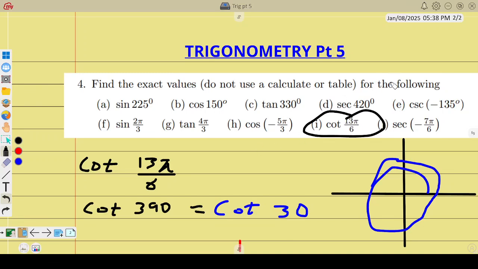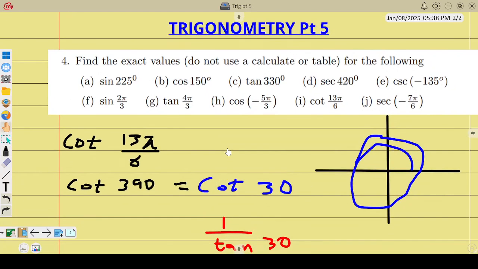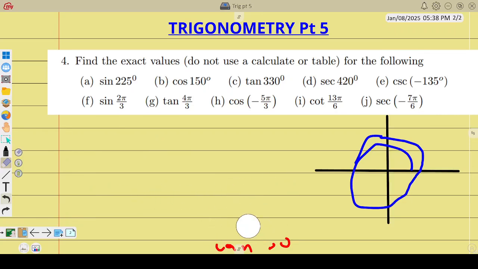We did a number of things, and the last one now is sec negative 7 pi over 6. You can see we're given the angles in radian measure, so it is faster to convert them to degrees and then find the exact value.